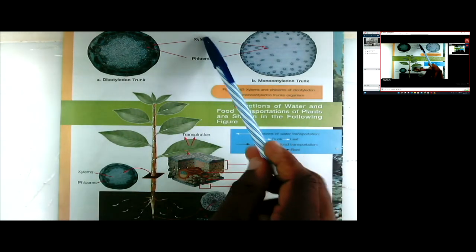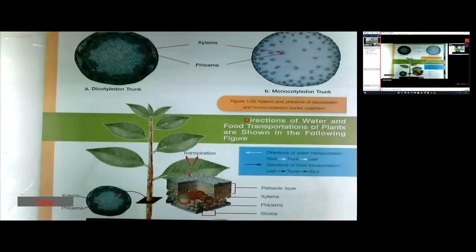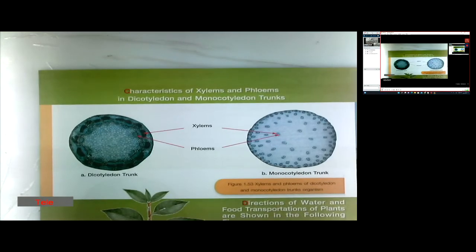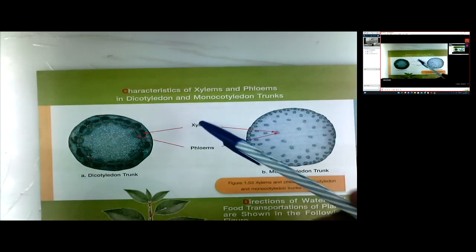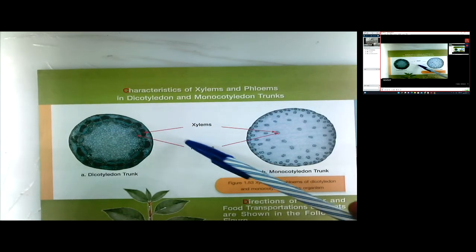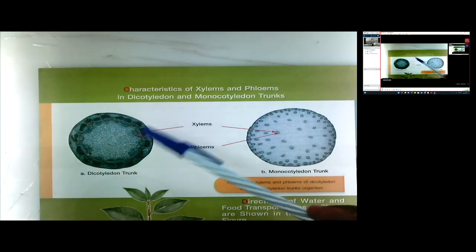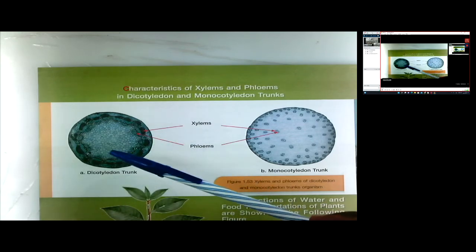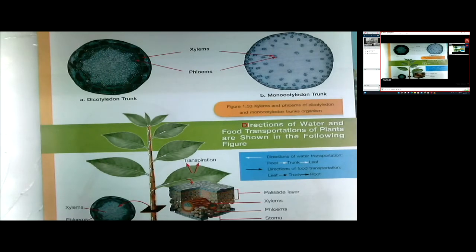We have the xylem, okay, so the basic parts that we are going to be talking about are the xylem and the phloem, which are found in the trunk or the roots of a plant. And these are tiny pipes that move fluids. So we'll switch on to our notes now.